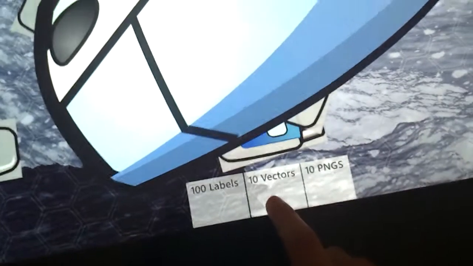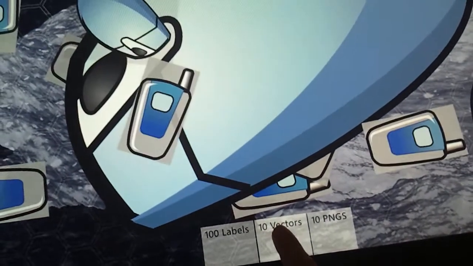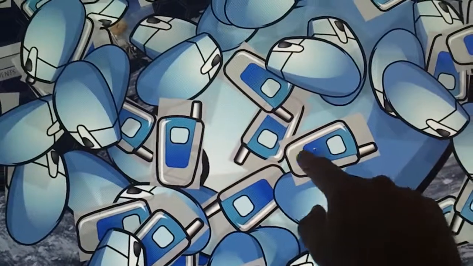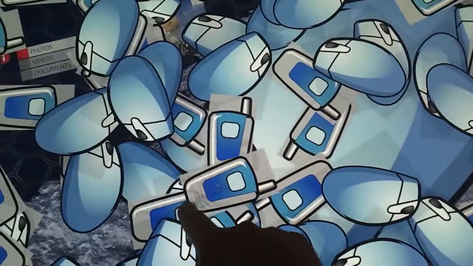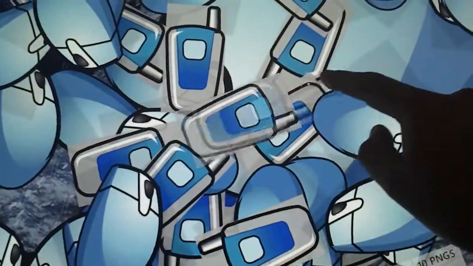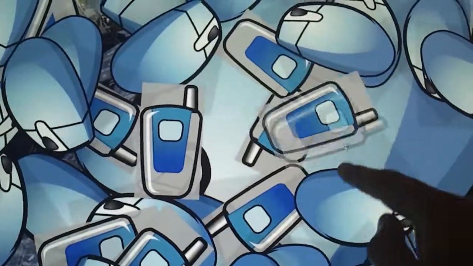Okay, so let's add some more of these vectors. 100, 120, 140. Well, this is still 20 to 35 frames per second.